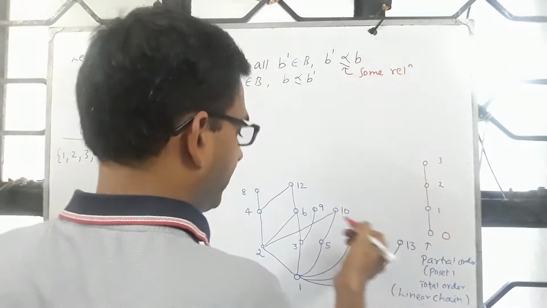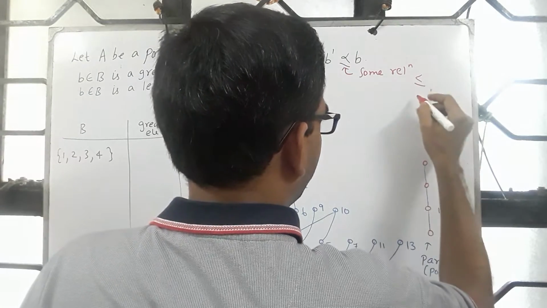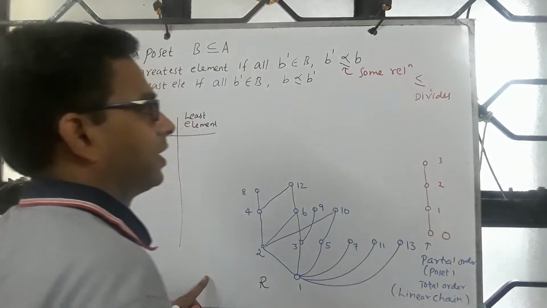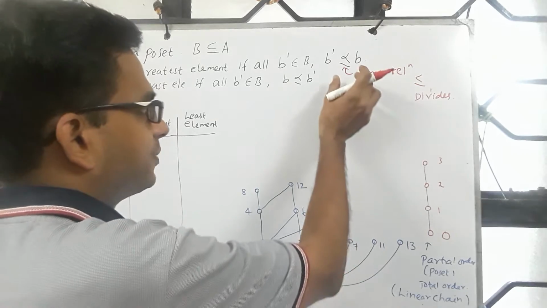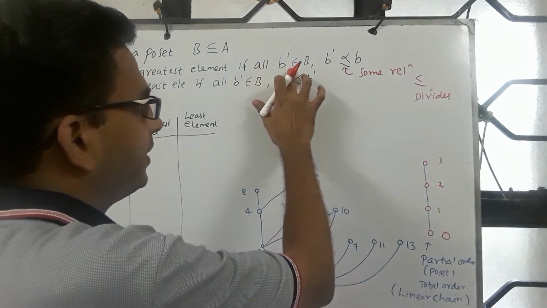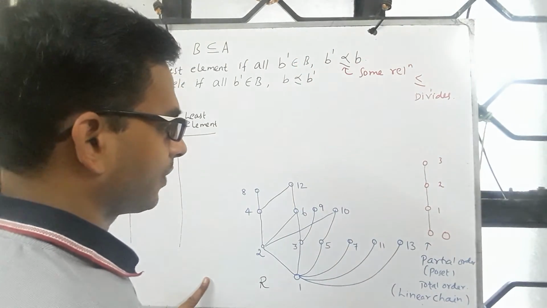So that could be less than or equal to, or that could be divides, it could be any relation. And it could be brother or sister of, it could be anything.